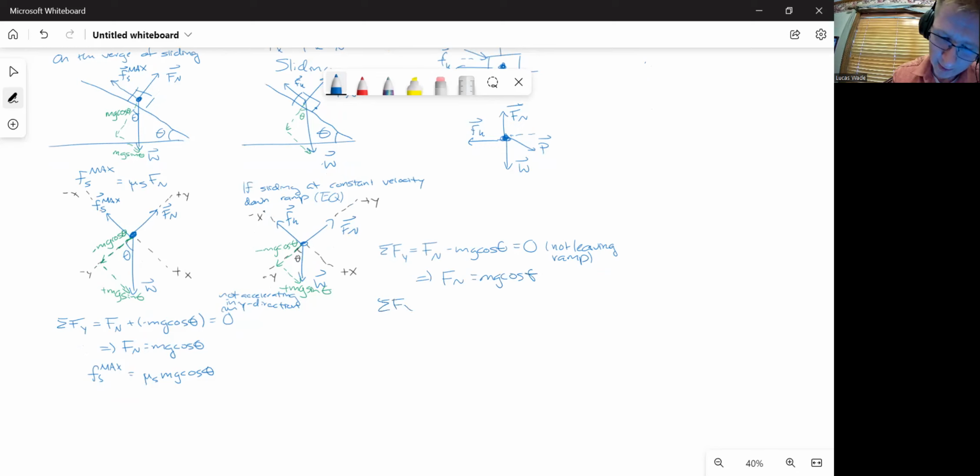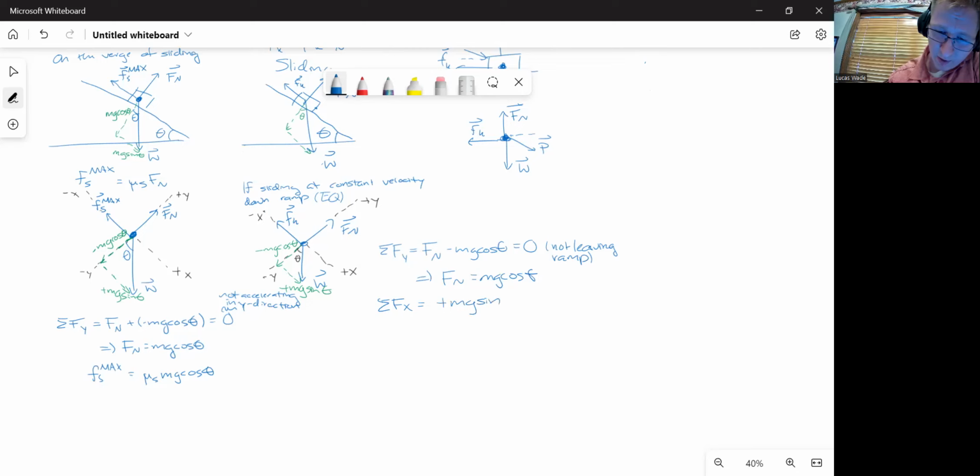And then in the x direction, what forces are acting? The kinetic friction. Okay, and what else, acting parallel to the ramp? What was that, Ilham? You don't see anything else on our free body diagram that goes in the positive or negative x direction? The positive mg sine theta.